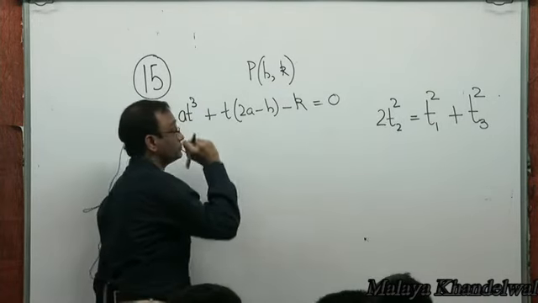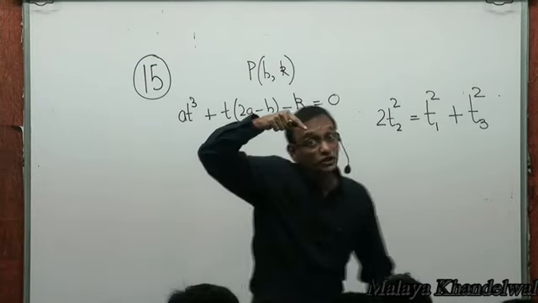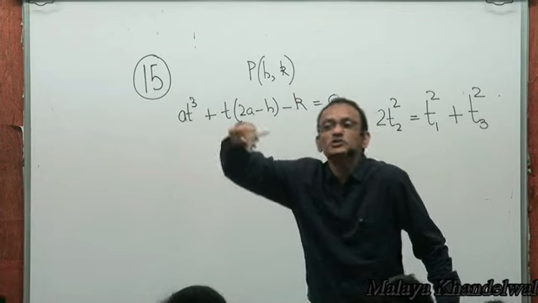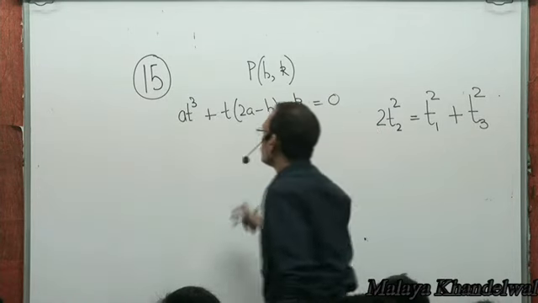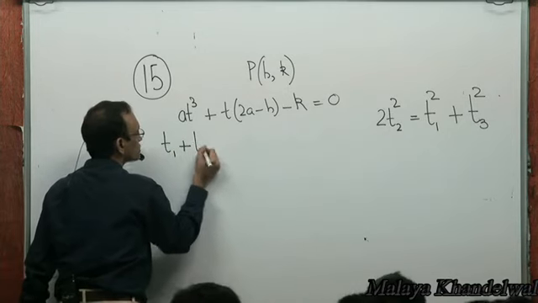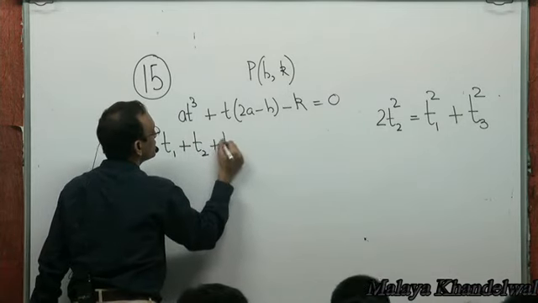Now, T1, T2, T3 are also co-normal points. So T1 plus T2 plus T3 must be 0. Yes or no? They are the roots of this, so T1 plus T2 plus T3 must be 0.